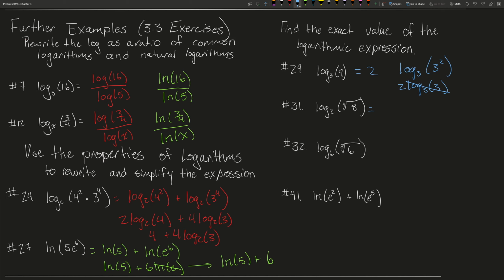Similarly, number 31, log base 2 of the 4th root of 8. I'm going to rewrite this as log base 2 of 8 to the 1/4. And then I'm going to rewrite 8 as a base of 2.